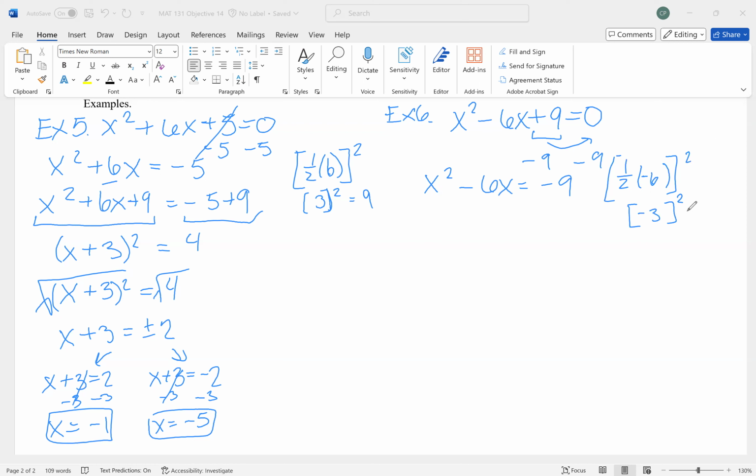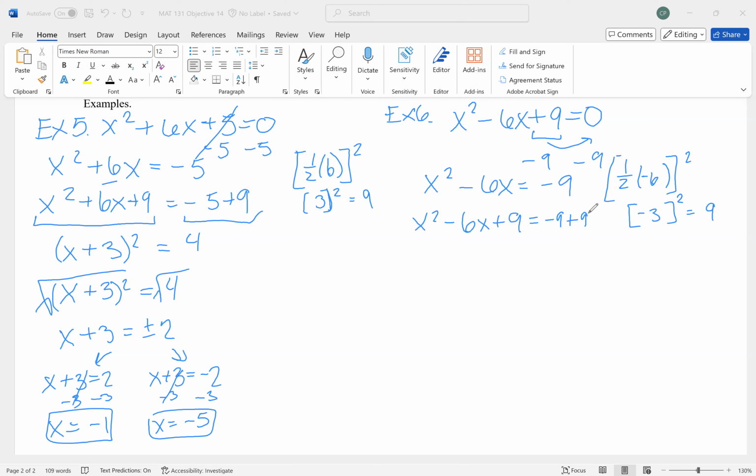And then we have the squared, can't forget that. Negative 3 squared is 9. So I'm going to plug that 9 in on both sides. We get x squared minus 6x plus 9 equals negative 9 plus 9.